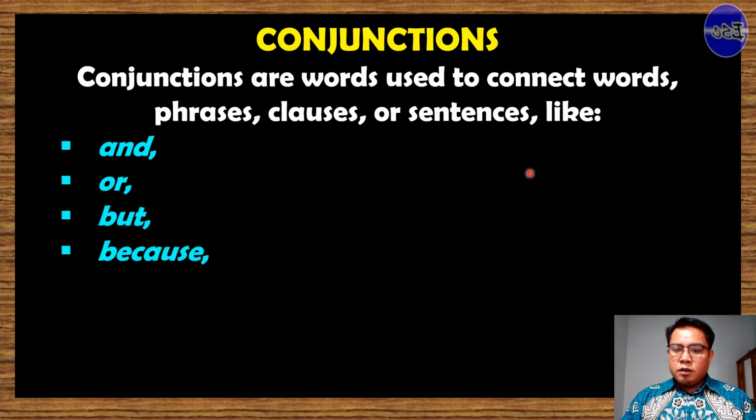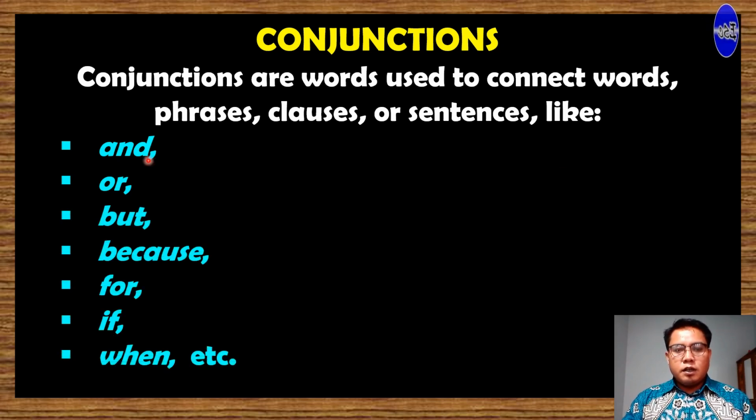Here are some examples of conjunctions: and, or, but, because, for, if, when, while, and so on. In detail, conjunctions are divided into coordinating conjunctions, the FANBOYS, and also subordinating conjunctions.